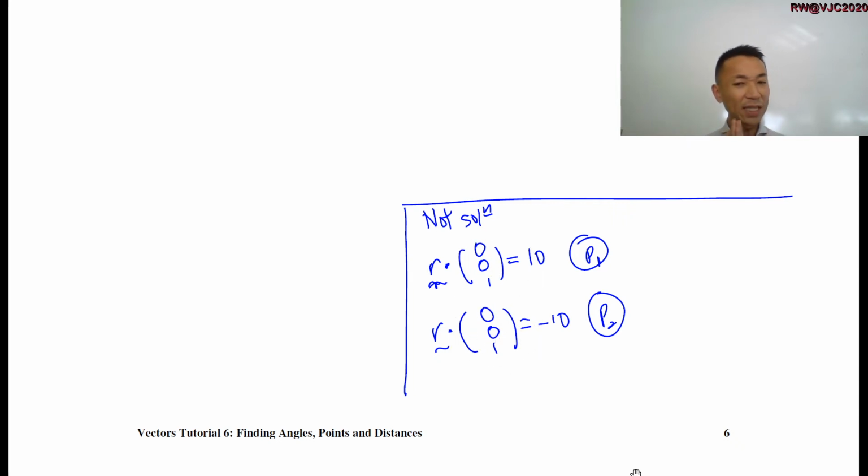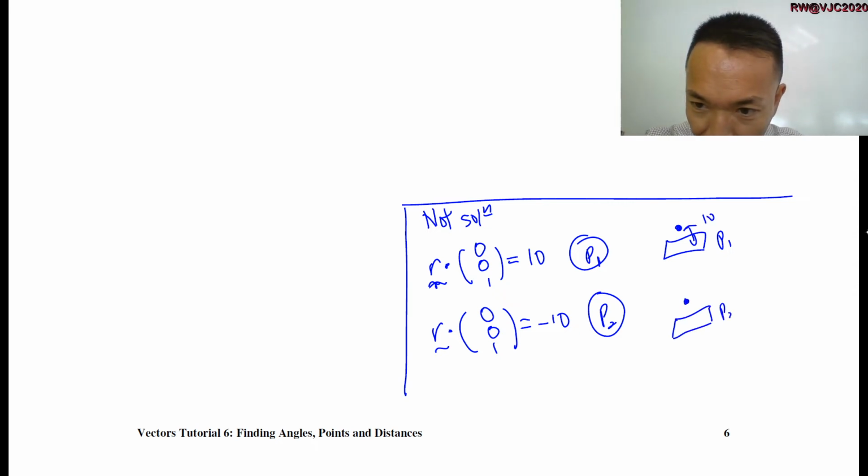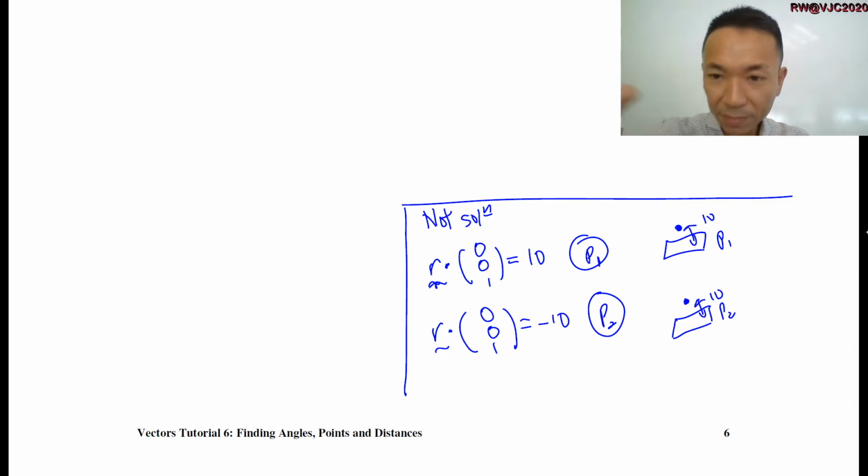Can I safely say that the distance between origin and P1 is 10, and the distance between origin and P2 is also 10? Agree? Yes, you use the result in the first part of the question. The magnitude of this divided by the magnitude of this is just 1, so 10.